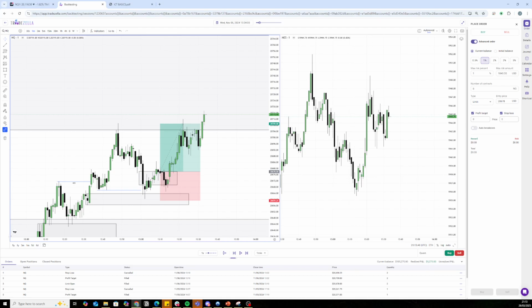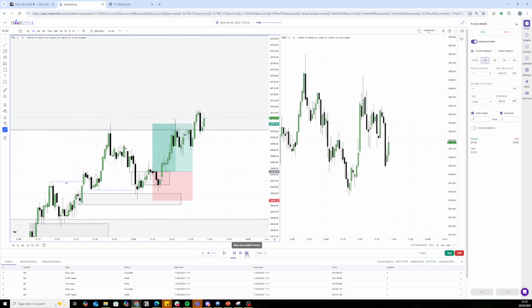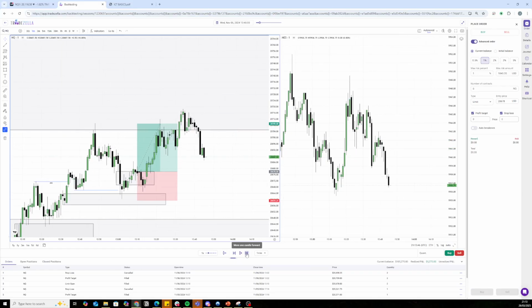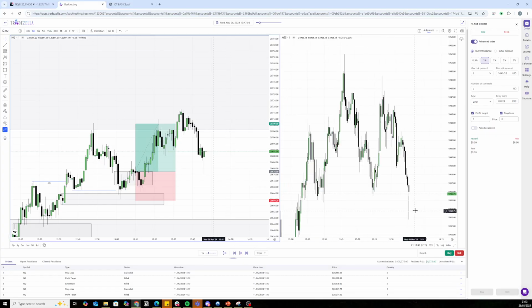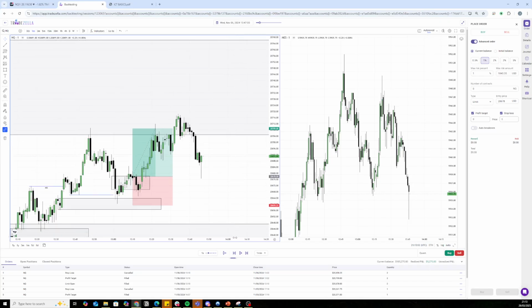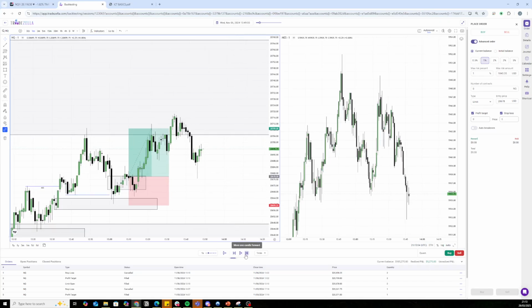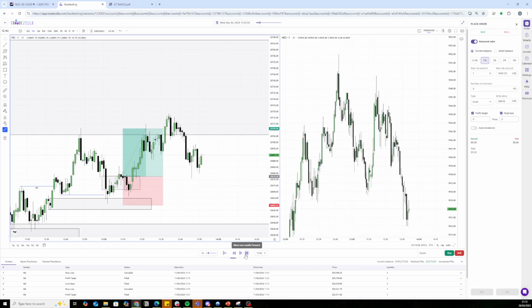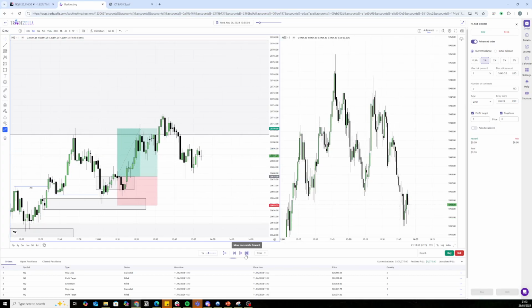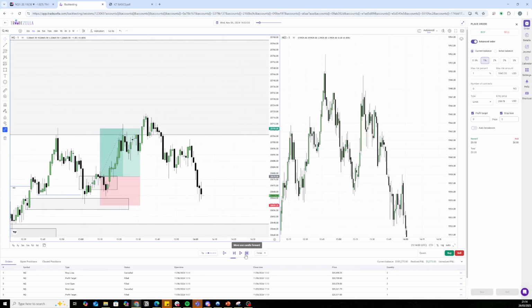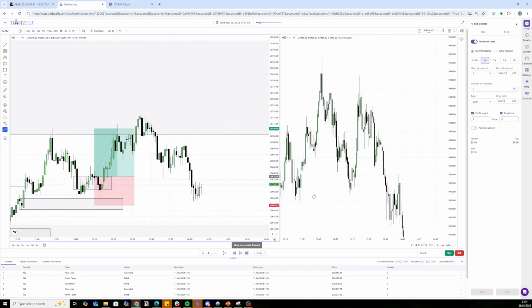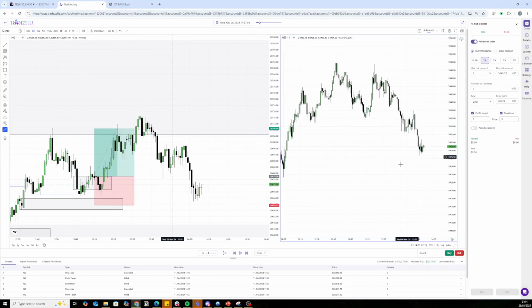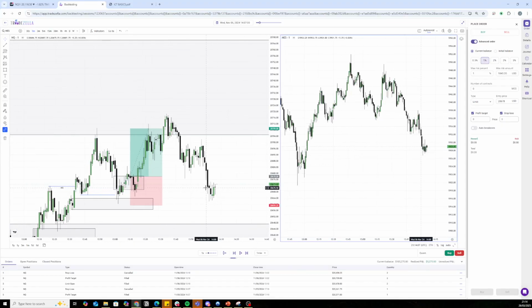Let's see. Where's the market open? Market opens 2:30. Looking for an SMT here. Is this an SMT? This is SMT. Can we inverse that gap? No, we can't. Is the market making an SMT?